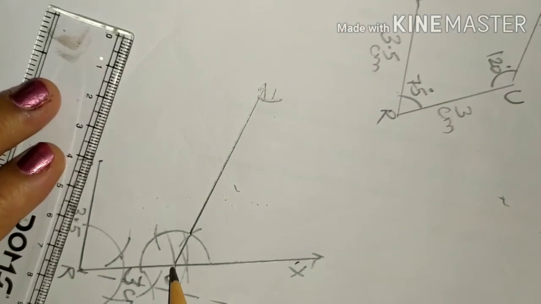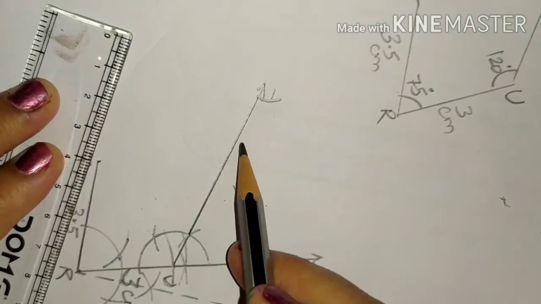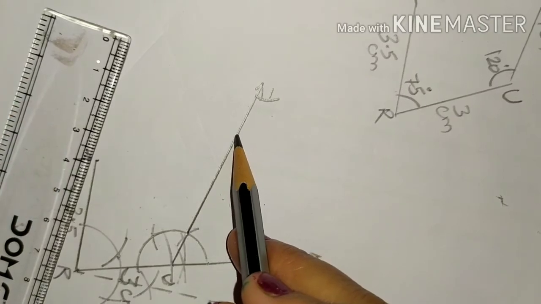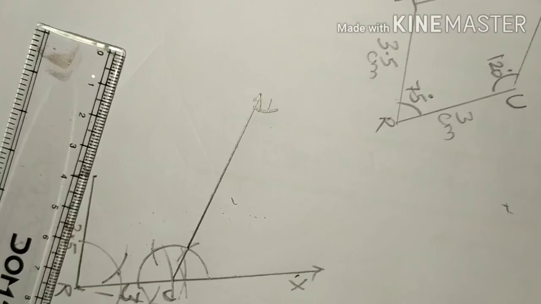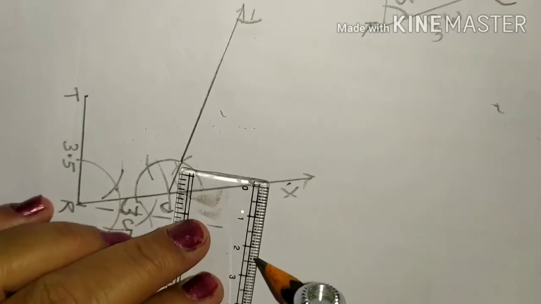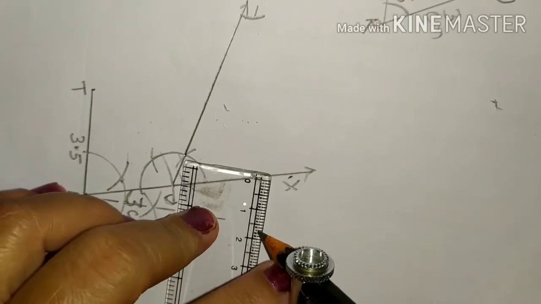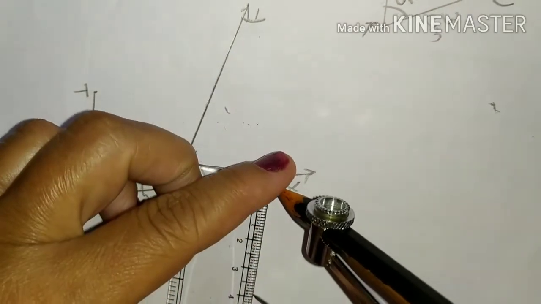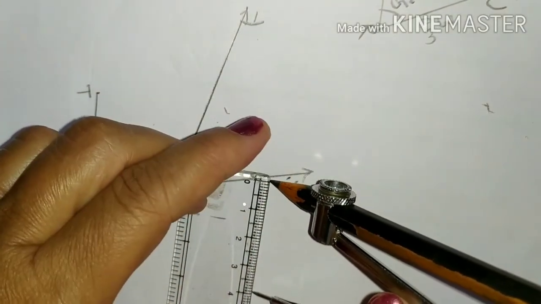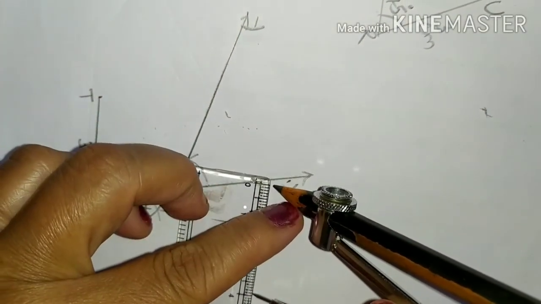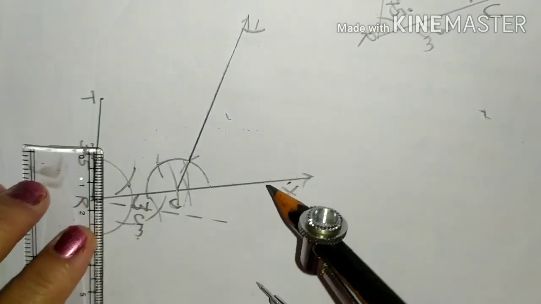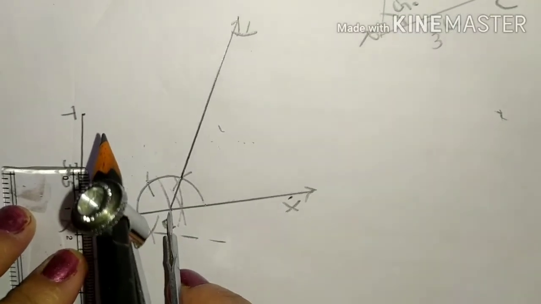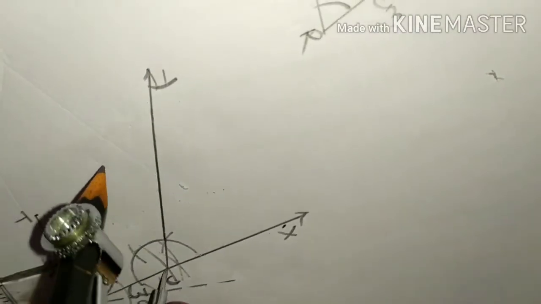Okay. Now from this U, we have to take the point E here at the distance of 4 centimeter. So again we will take the measurement from scale and rounder. So 4 centimeter measurement we will take. Okay, so from U, cut off the length of 4 centimeter here.